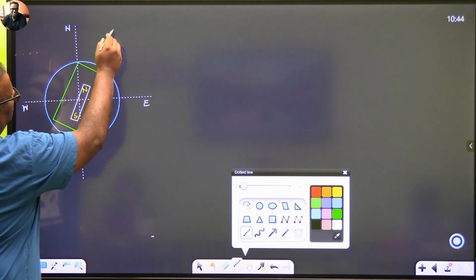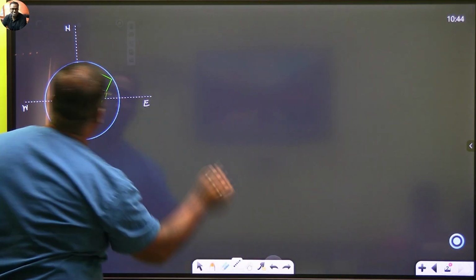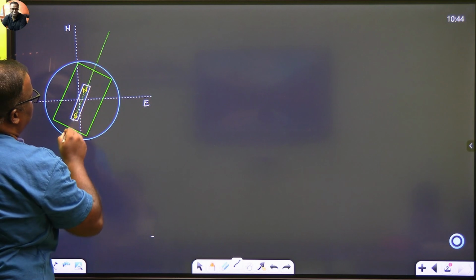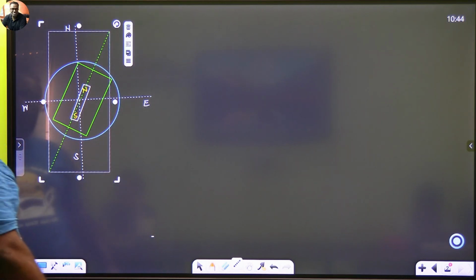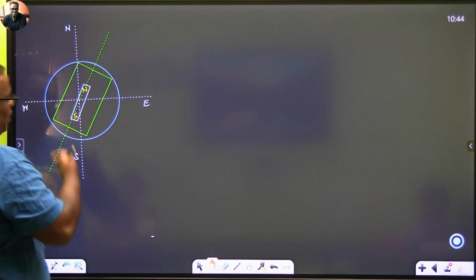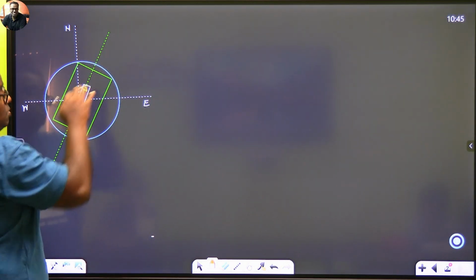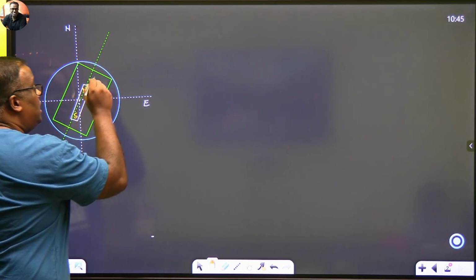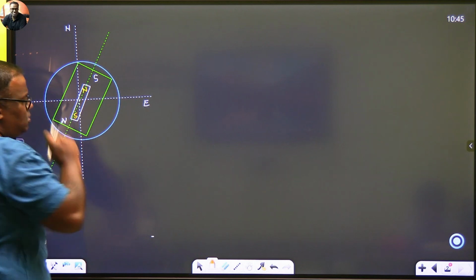Now, this is known as the magnetic axis of the Earth. There are two axes; in higher classes you will study them. One is the geographical axis and one is known as the magnetic axis of the Earth. So definitely if my North Pole has come in this position, Earth's magnet, which is below, must have its South Pole in this direction and its North Pole in this direction.